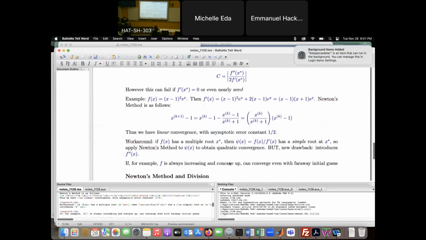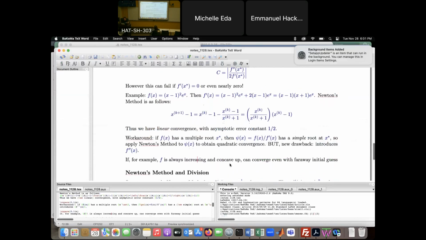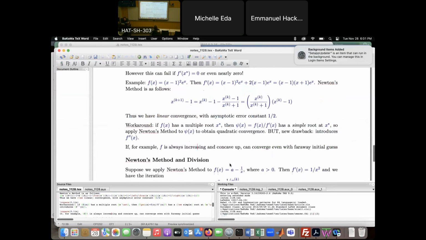Newton's method in division. This is my favorite Newton's method example. Suppose we have our function, f of x equals a minus 1 over x, where a is some positive number. Now, the root of this function is x equals 1 over a. So whatever a is, the root of f of x is the reciprocal of a.